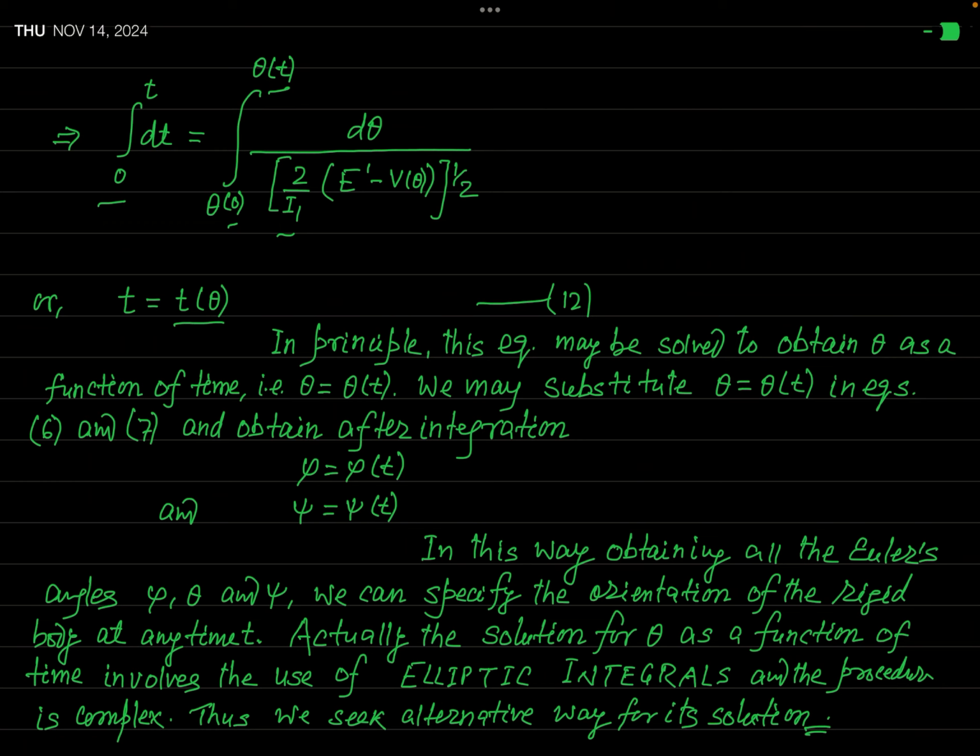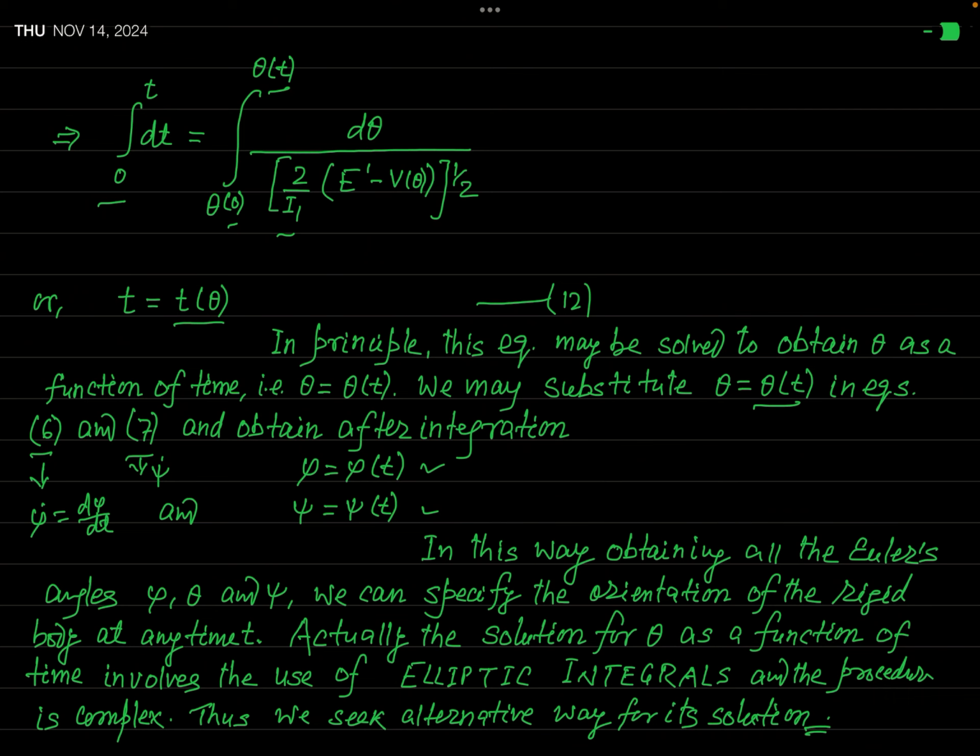Actually, this equation in principle can be solved to obtain theta as a function of time, that is theta equal to theta of t. We may substitute theta equal to theta of t in equations 6 and 7, and after integration you will get phi and psi, because equation 6 defines phi dot, which means d phi by dt, and equation 7 defines psi dot, which means d psi by dt.